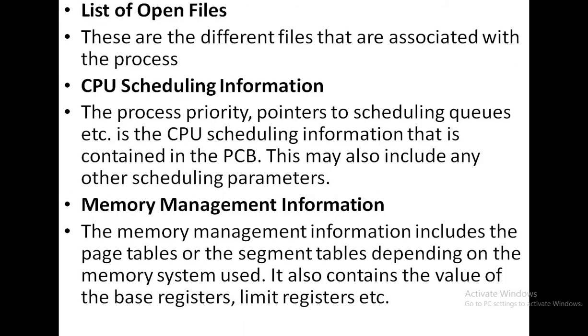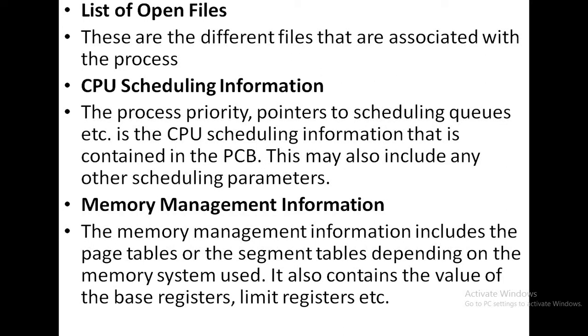So next is the list of open files. These are the different files that are associated with the process. That means whenever a process is executed, in the time of running a process execution, a number of related files or jar files can be opened.